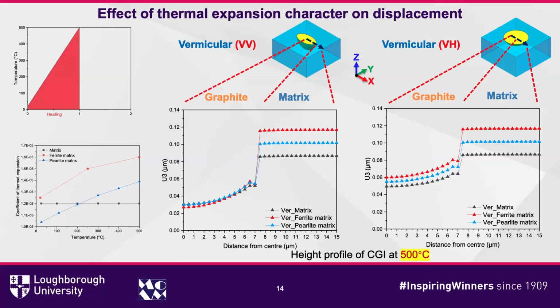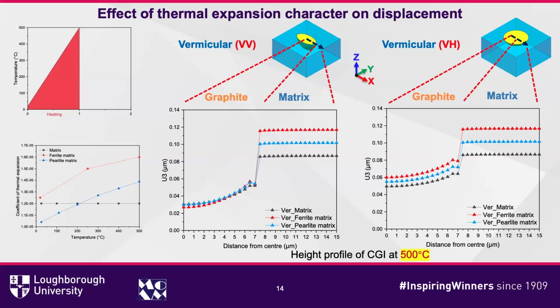In both of these two types of unit cells, the matrix expands significantly more than the graphite. And in the vertical direction, because the major axis of the vermicular graphite is parallel to the top surface, there is a larger volume of matrix. So U3 in the Z axis will have a larger expansion in the U3 displacement.